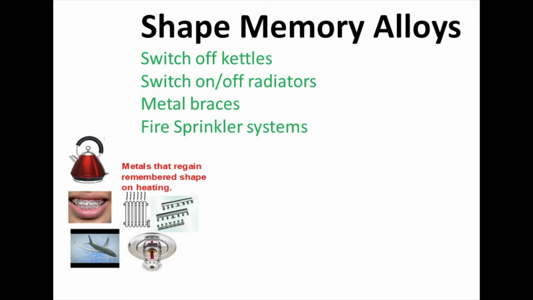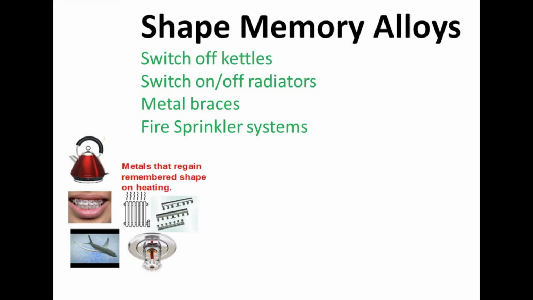When it gets too cold or too hot in a room, the radiators will knock on and off, whatever you want it to do. The metal braces would be for bones or spinal injuries, and it will close to the shape of the memorized alloy, so it will fit your body exactly. And fire sprinkler systems, once it gets to a certain temperature, it'll flick the switch on and the water will come out to prevent fires.